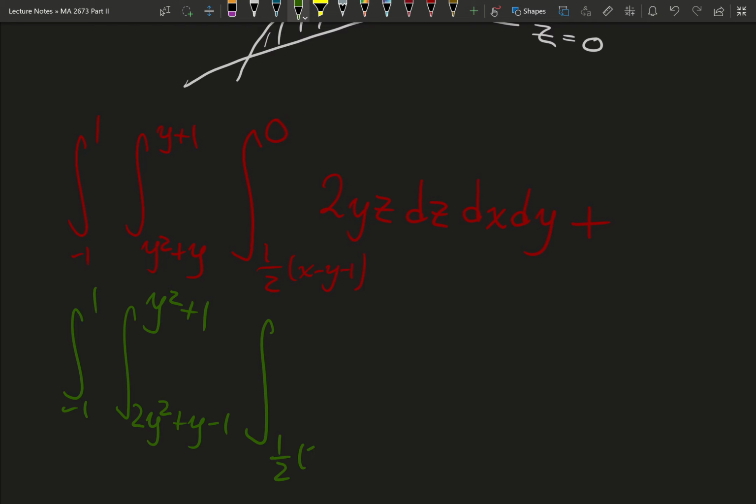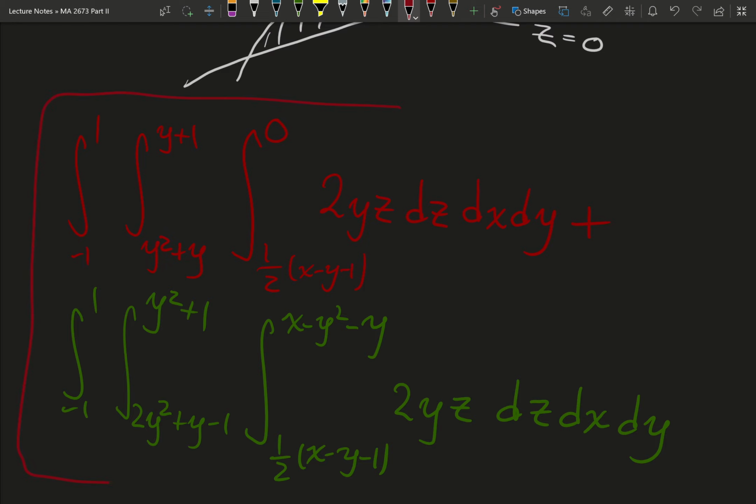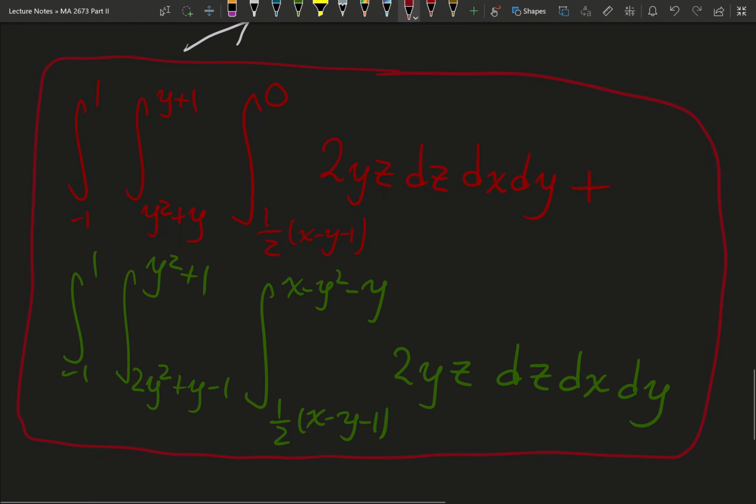Lower bound for z will still be the same, but our upper bound here is x minus y squared minus y. Right, and I'm not going to integrate it because we already did this one. You should get the final answer is 0. And I don't think it's a particularly useful example to integrate, but this should be our setup right here.